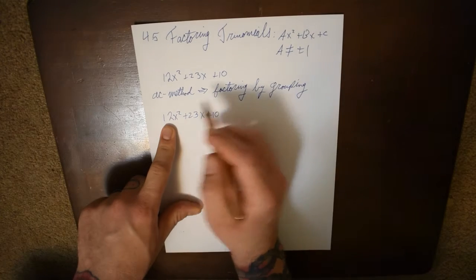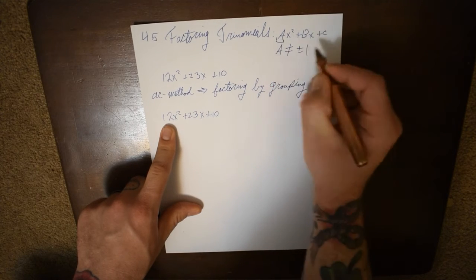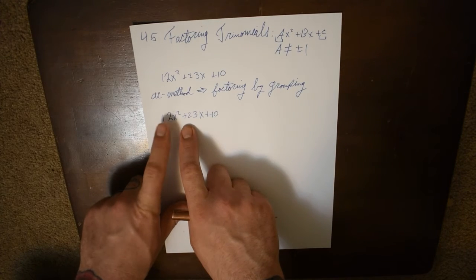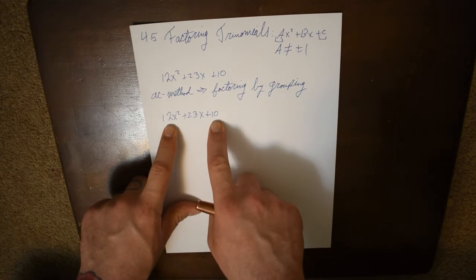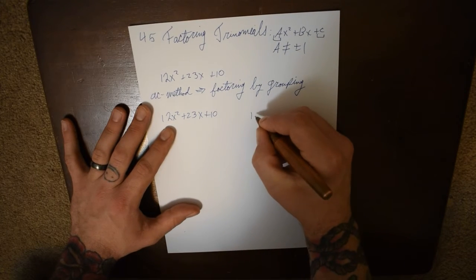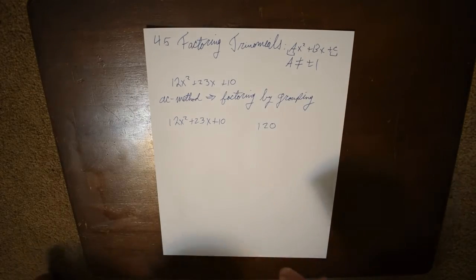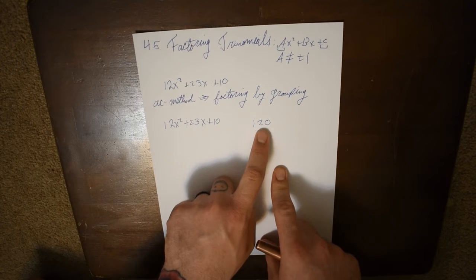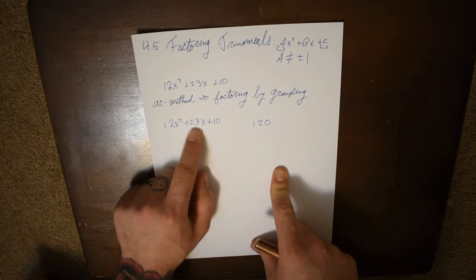It's where the AC method comes from. We're multiplying A and C. So just like before, we're going to take the leading coefficient and the constant term and multiply them together. 12 times 10 is 120. And now, just like before, we're looking for numbers that multiply to 120 but add to 23.